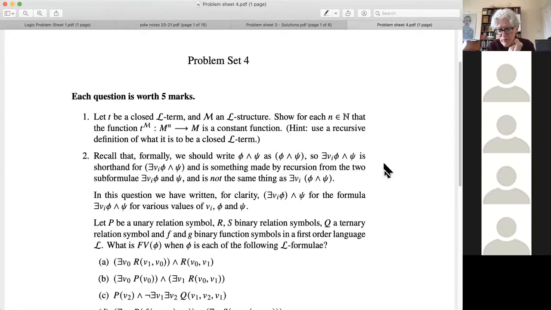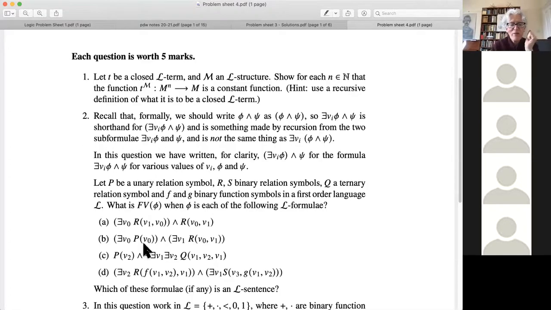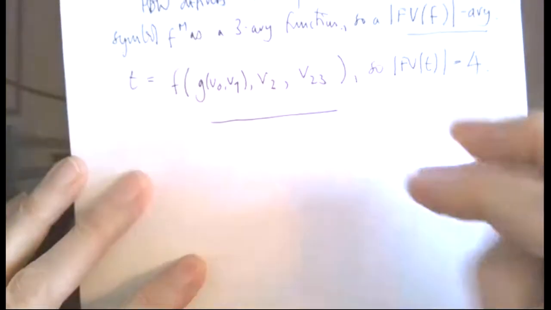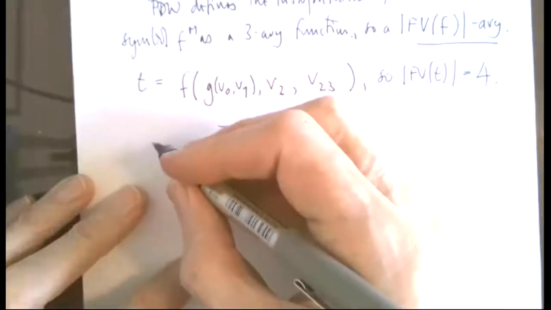The only way a variable becomes unfree is because there's a quantifier somewhere around in a formula. So, I mean, what is a term?